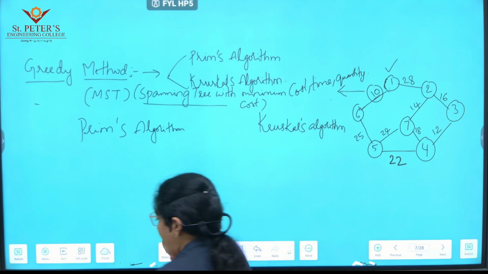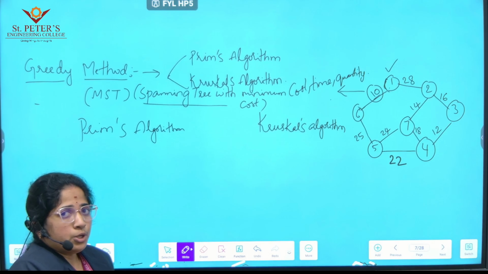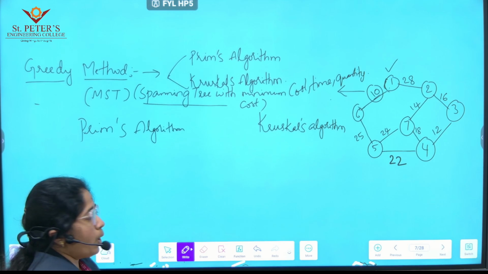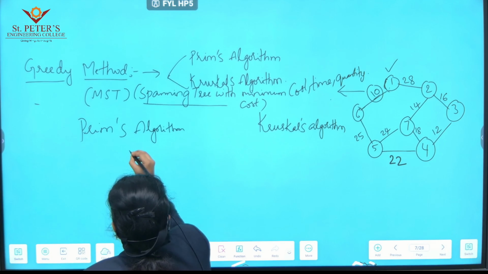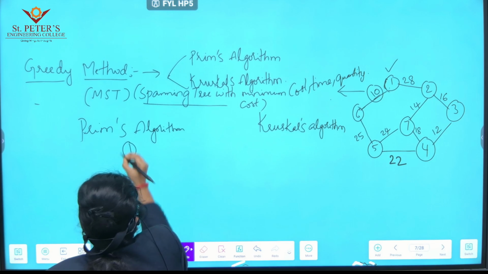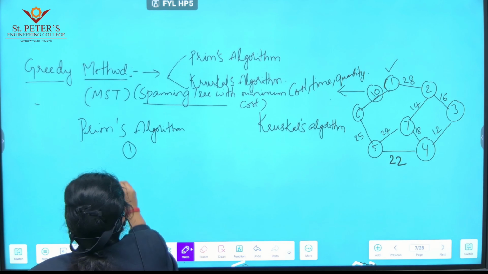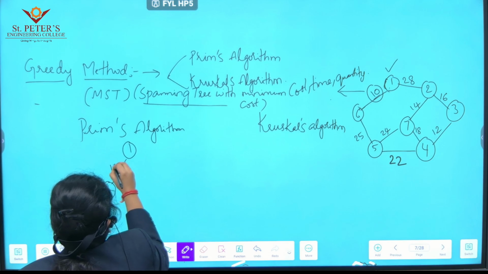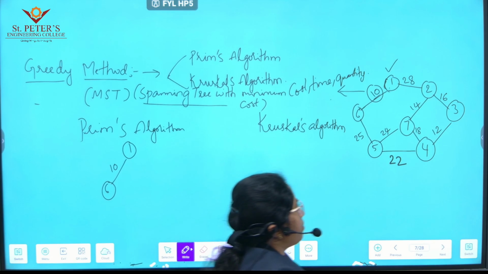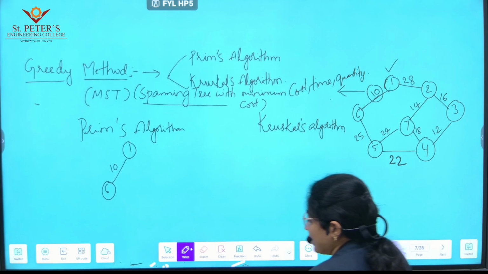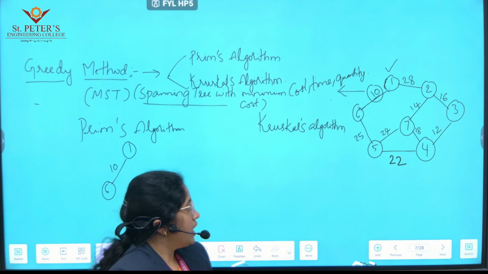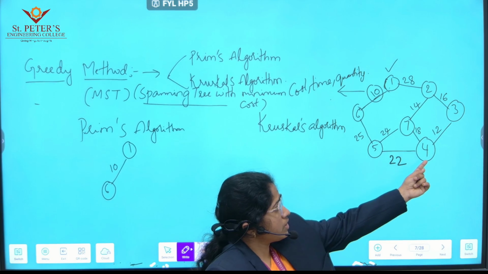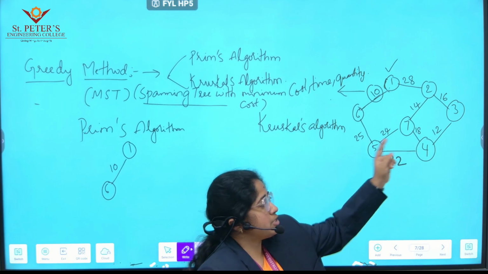Now I will start drawing using Prim's algorithm. The minimum cost edge starts from 1 to 6. So what is the second minimum cost edge? From 3 to 4, the minimum cost is 12.